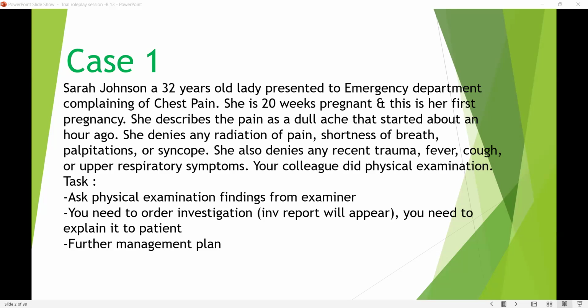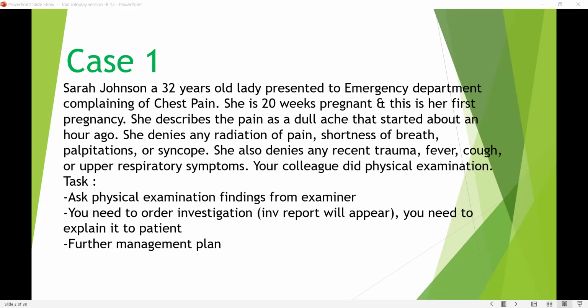I will also palpate for uterine tenderness, lie, and position of the baby, and any tenderness, guarding, rigidity, or organomegaly. The abdomen is soft, non-tender, no organomegaly, and fundal height is according to gestational age. Fetal heart sound present.